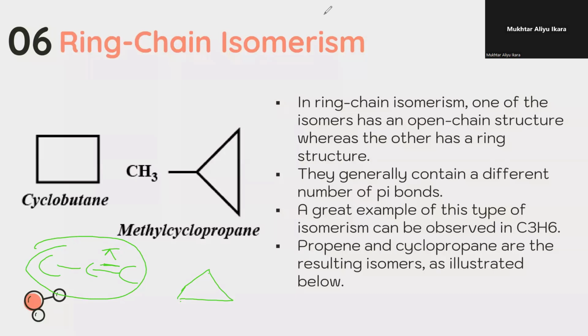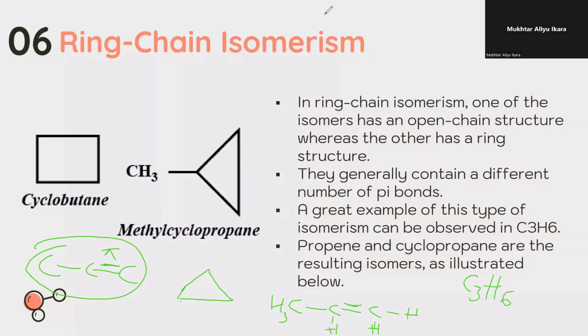So if we look at cyclopropane and propene, we can see clearly that in propene the number of carbons is 3, and of course there is one double bond, and here there is one hydrogen, and here is 3. So you can see 1, 2, 3, 4, 5, 6. So there are 3 carbons and 6 hydrogens.